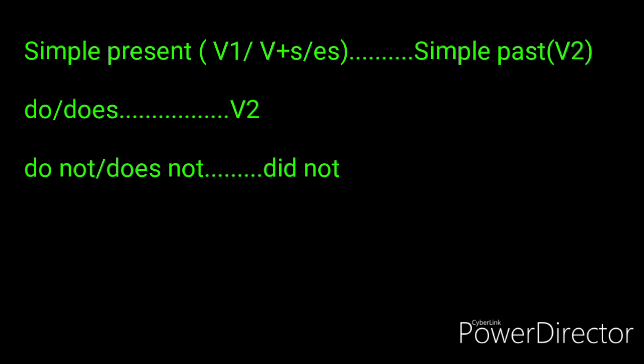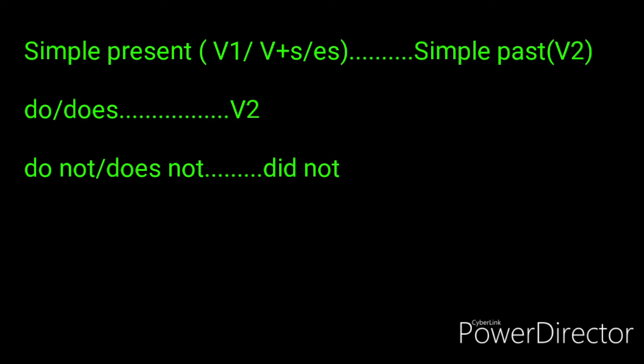Simple present tense means first form or s or es form of verb is changed into simple past tense. Do or does is changed into second form of verb. If there is do not and does not, we change that into did not.